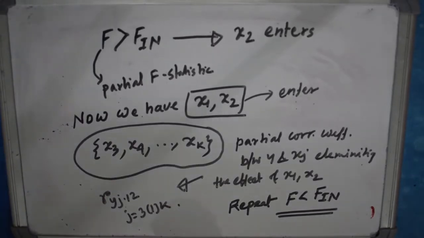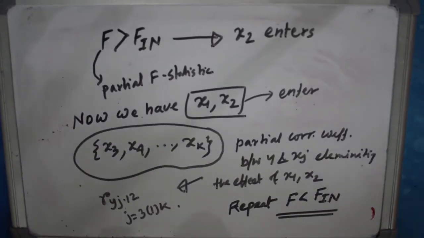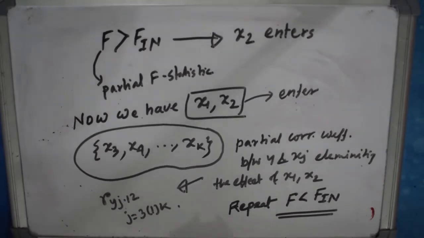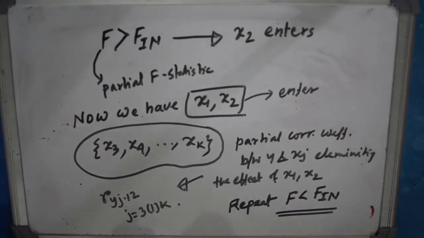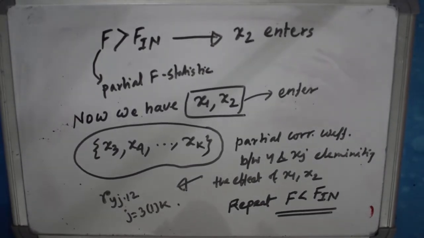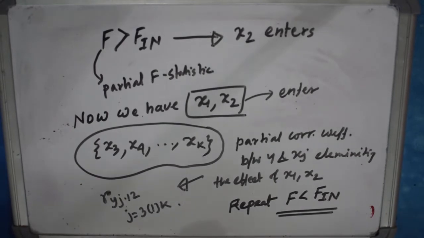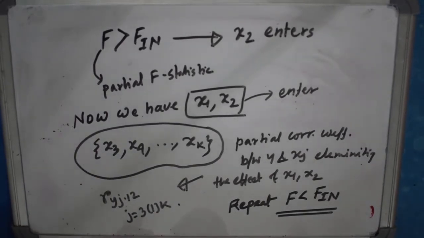First we compute, first suppose we have k explanatory variables x1, x2, ..., xk, and y is a response variable. First we compute k simple correlation coefficients between y and xi, then find the maximum correlation coefficient.